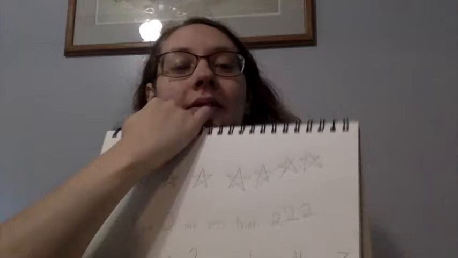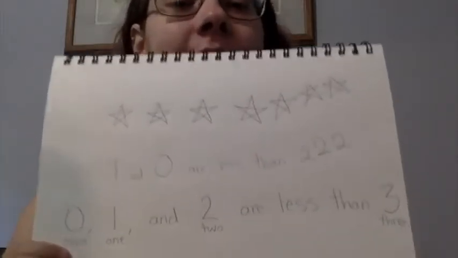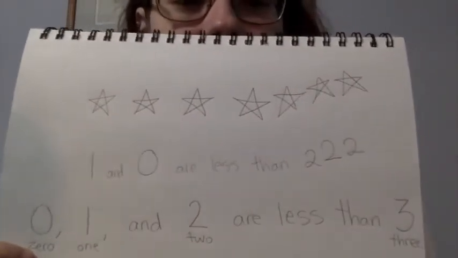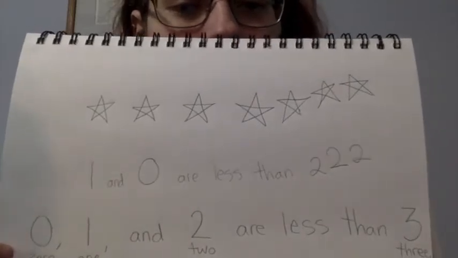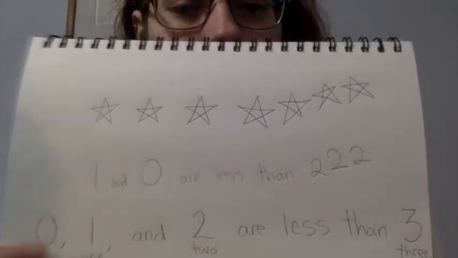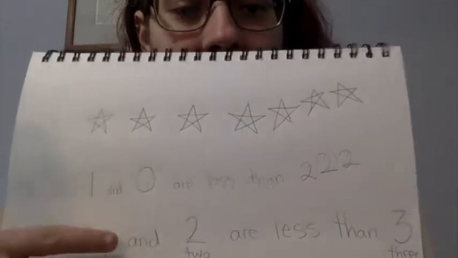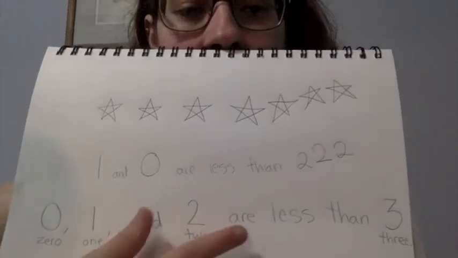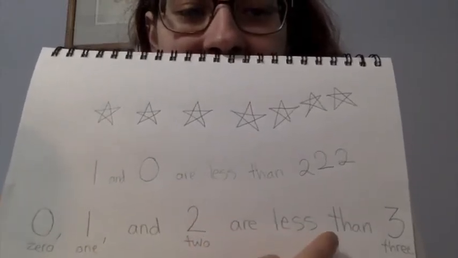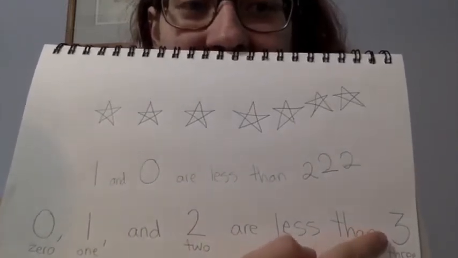Okay, are you ready? Do you have your answer? I have my sentence. And this time I wrote the names in letters of our numbers. Did you know that they have letter names? 0, 1, and 2 are less than 3.